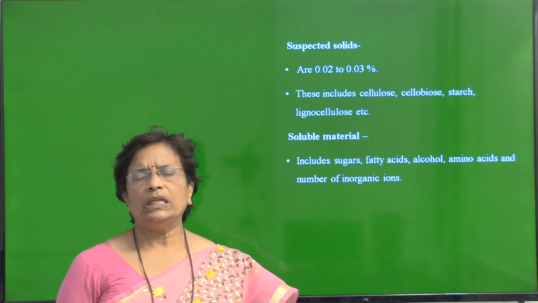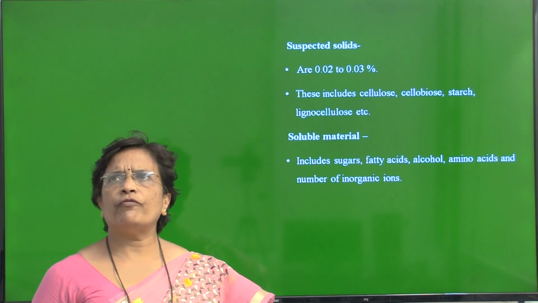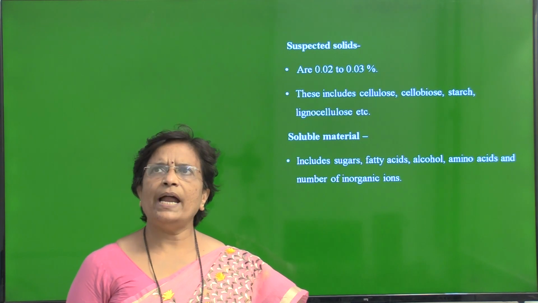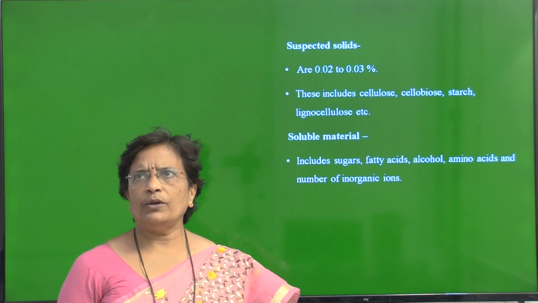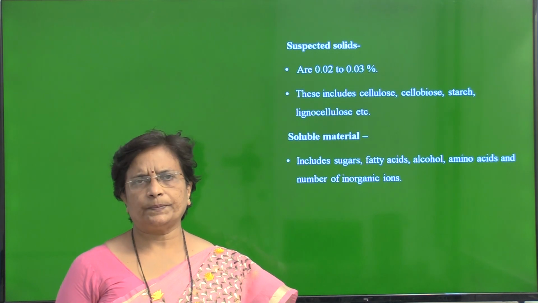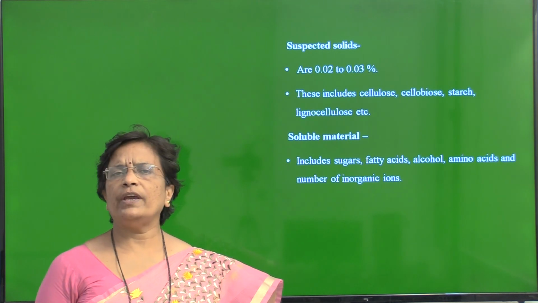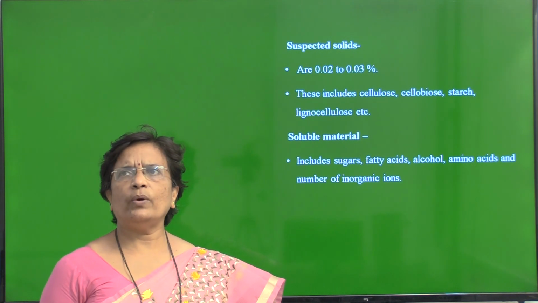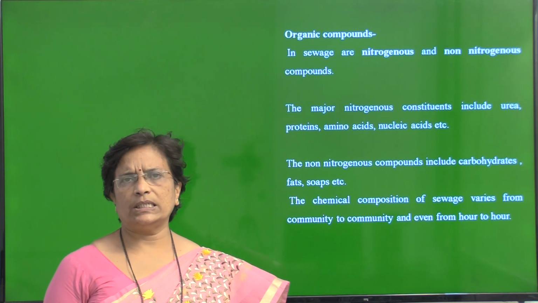The suspended solids which are present in water range from 0.02 to 0.03%, and these suspended solids include cellulose, cellobiose, starch, lignocellulose, etc. The soluble material present in the sewage includes various sugars, fatty acids, alcohol, amino acids and various types of inorganic ions.